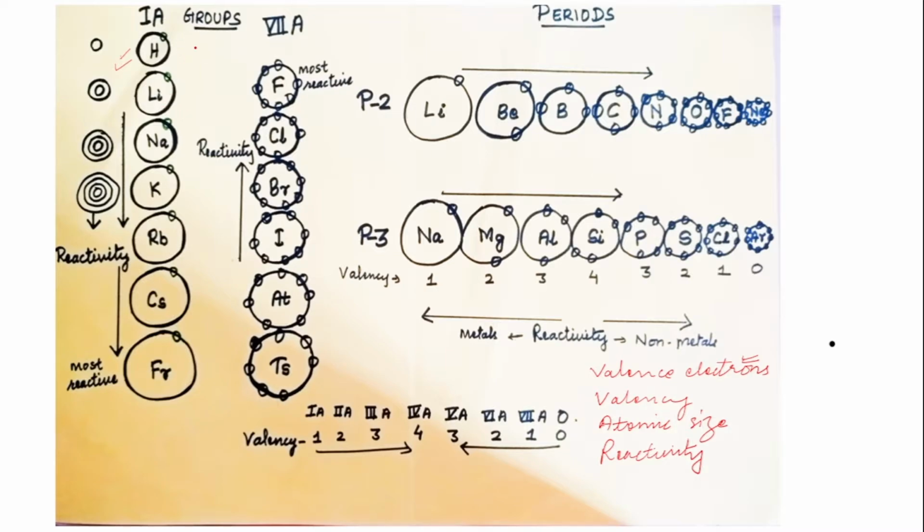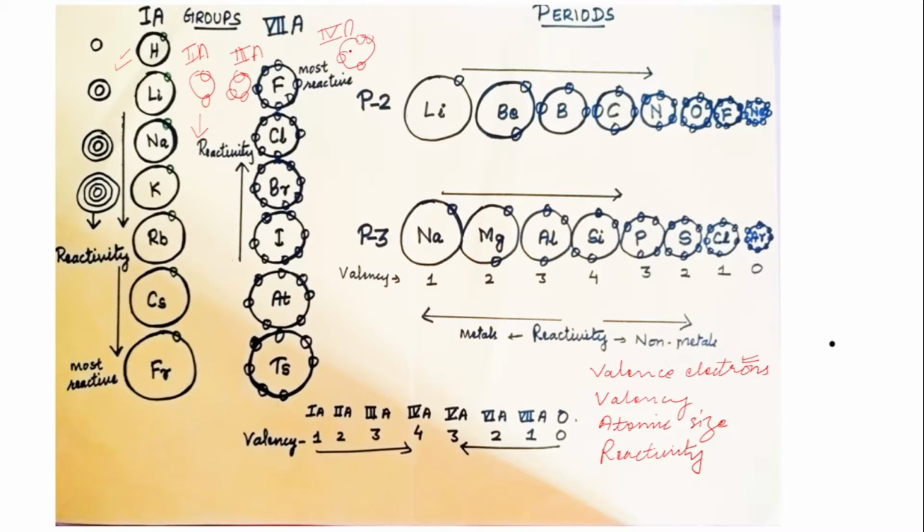In group 2A, all the elements have two valence electrons in each of them. All the elements have two valence electrons in their atomic structure. Likewise, in 3A, all the elements have 3 electrons in the valence cell. Okay, in 4A, all the elements have 4 valence electrons in their atomic structure, 4 electrons in the outermost cell.